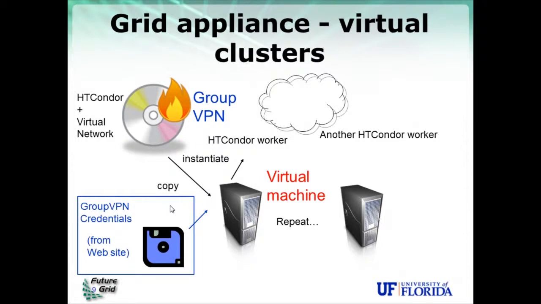These machines are connected together and obtain IP addresses using DHCP within that namespace. And then they locate the scheduler for HT Condor and register themselves with the scheduler, and then they're ready to run and execute tasks.